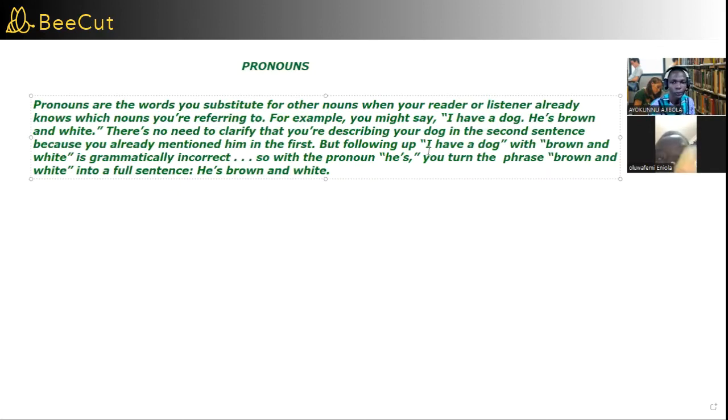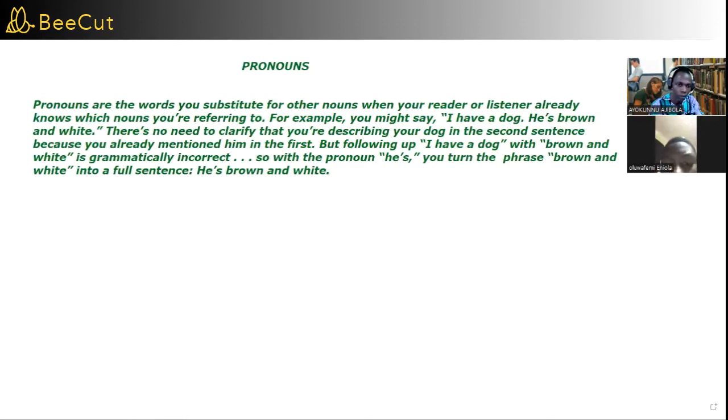But following up with "I have a dog. With brown and white" is grammatically incorrect. So with the pronoun is or it, depending on how you address the dog, you turn the phrase brown and white into a full sentence. It is brown and white.